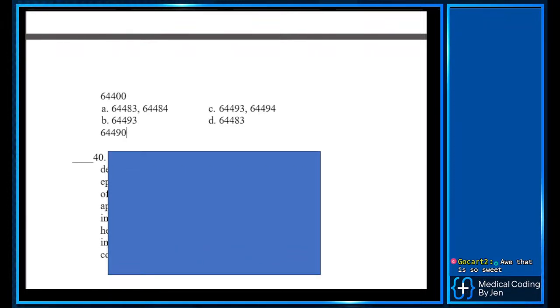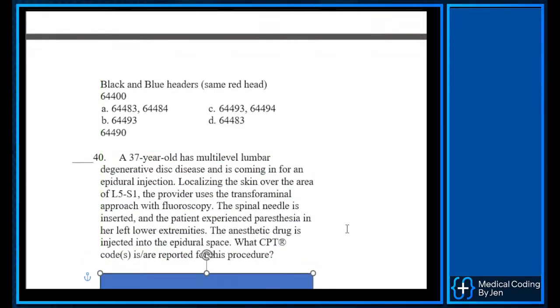Be sure to look up those differences first with your black and blue headers. They're all under the same red header. Same red header, but they do have different black and blue headers. Keep those headers in your head and only look for those differences here.